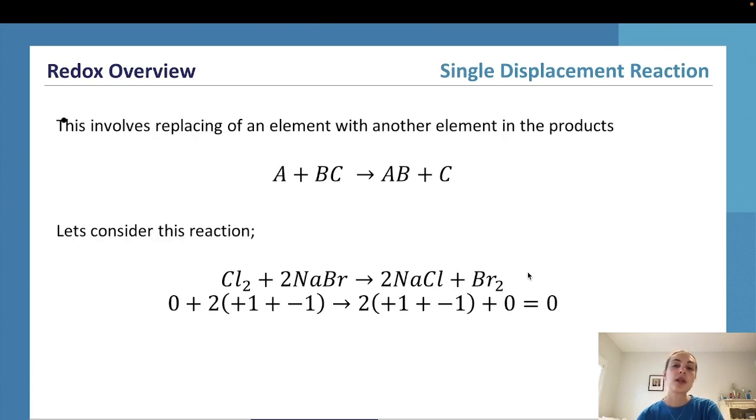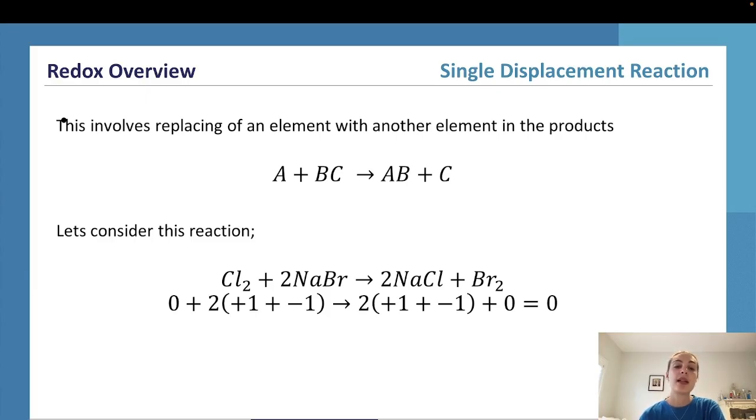The next reaction we're going to look at is a single displacement reaction. A single displacement reaction involves the replacement of one element with another element within those products.